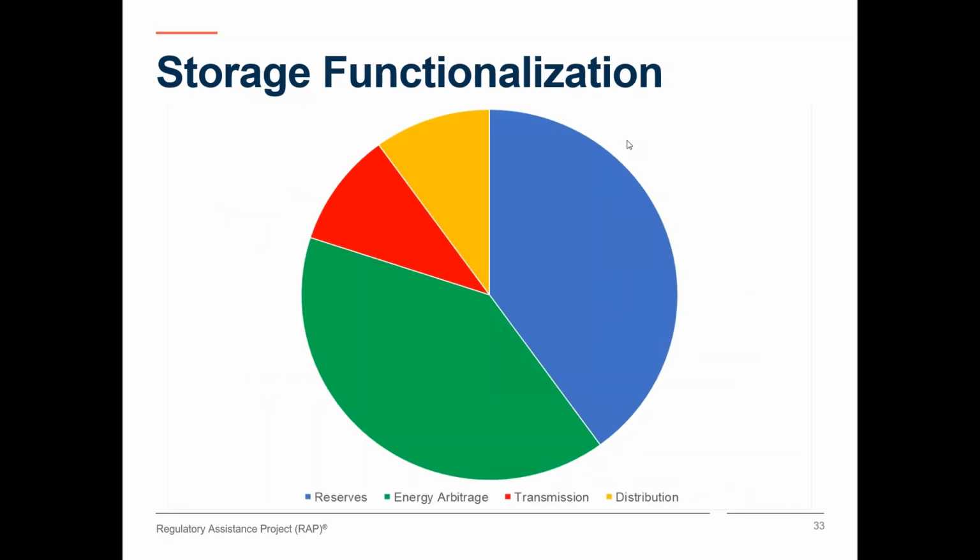The energy arbitrage function, moving power around. So some part of that cost should be treated as a transmission-related cost, and it should be based upon the cost savings from not having to take higher transmission deliveries from the ISO and pay the ISO transmission rate for it for just a few hours a year, when that can be more economically served with storage.